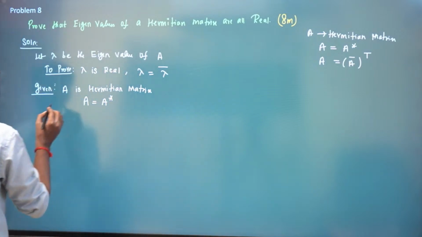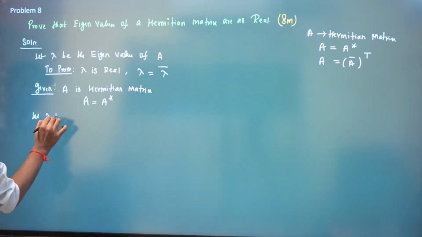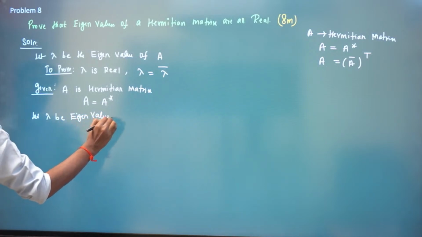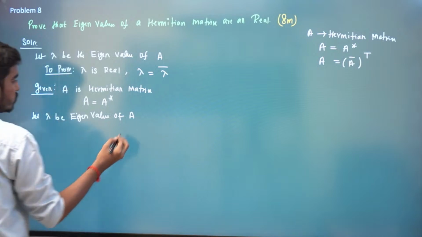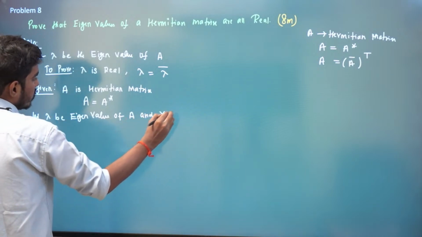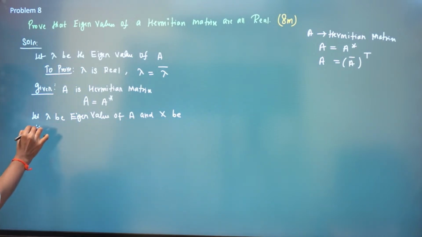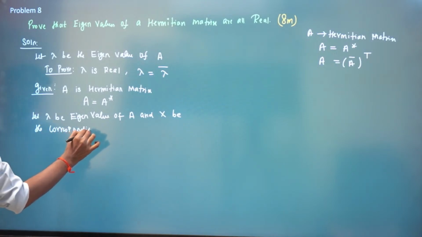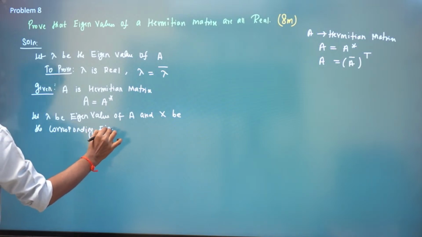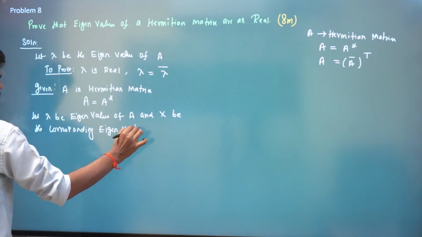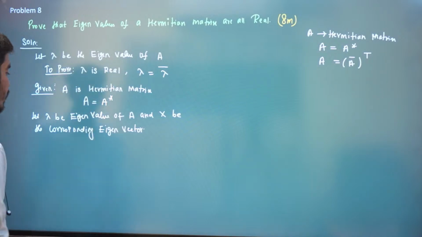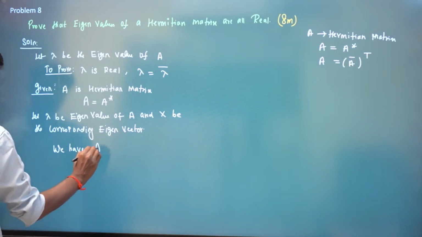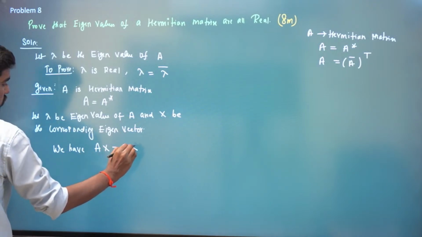Okay, so let lambda be the eigenvalue of A and x be the corresponding eigenvector. Then by definition, Ax equals lambda x.